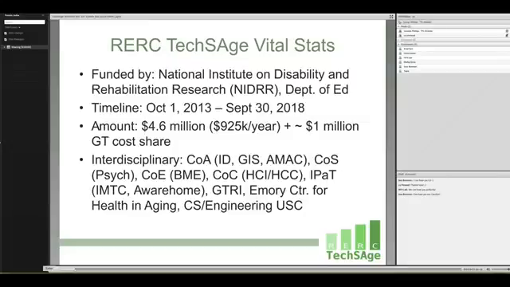IPAD is definitely involved there, and then the GTRI and Emory Center for Health and Aging is definitely a partner. And of course we're excited about this too. We've got folks over at the University of South Carolina who are also a part of this. And we just wanted to give you kind of an idea as to who our partners are.